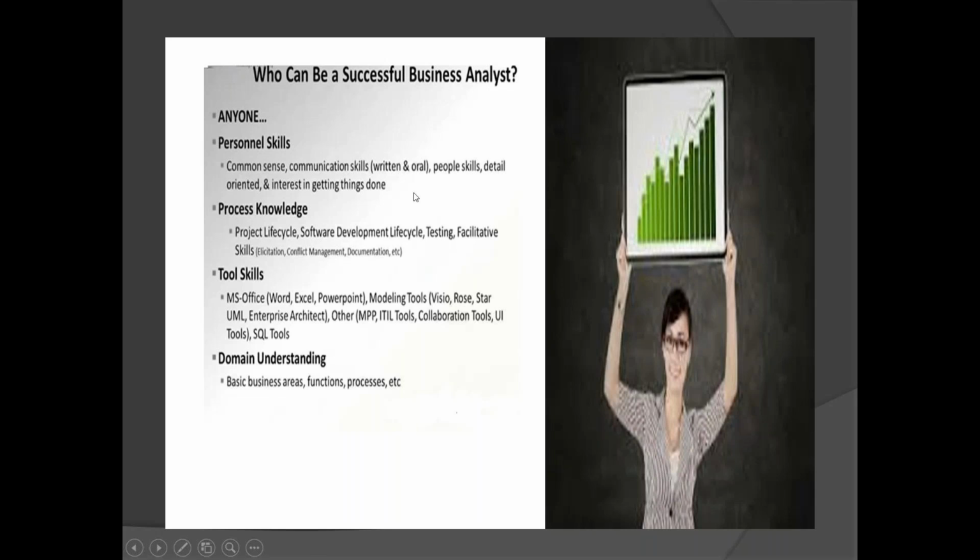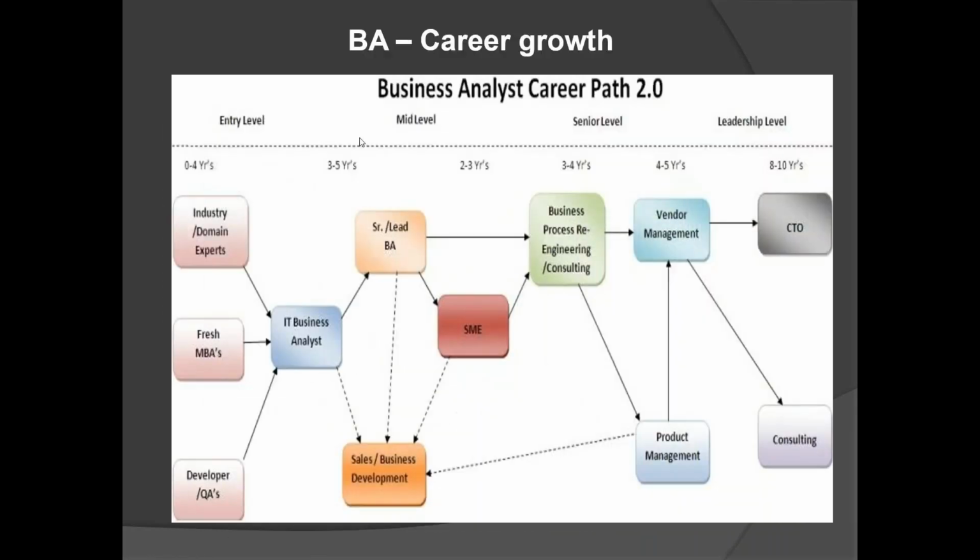Then business analyst career path. Here BA career is divided into 4 levels: entry level, mid level, senior level, leadership level. Entry level means if you have experience from 0 to 4 years. Who can join at entry level: industry or domain experts, fresh MBAs, developers or QAs.